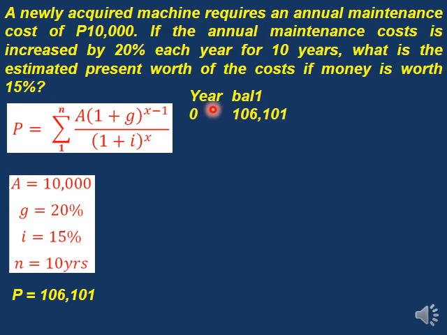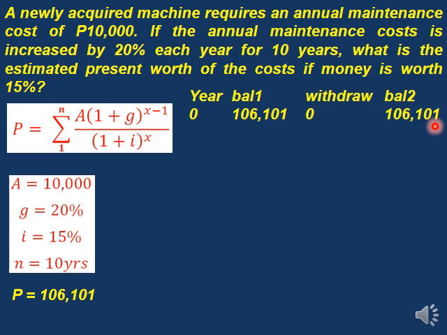Imagine now that you have 106,101. Since this is the beginning of the year, year 0, January 1, you don't have maintenance cost, meaning you will not withdraw from this amount. So by now, the amount of money is 106,101 and it is in your pocket.